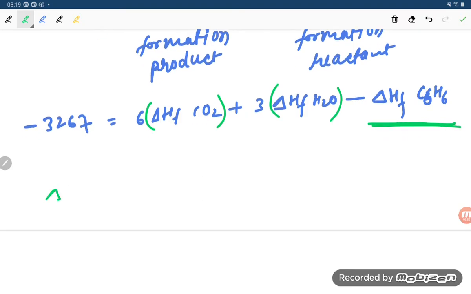So we can write delta HF of benzene C6H6 is equal to how much? This will go to that side and get added.